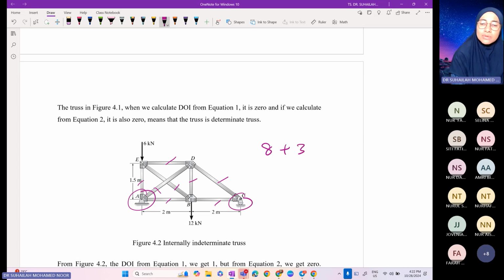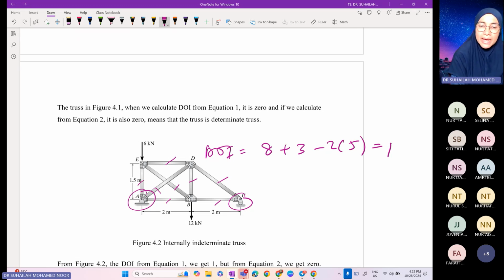Joints, there are 5. Minus 2 times 5. So this is equivalent to 1. So DOI, using the first formula, M plus R minus 2J, we get 1.